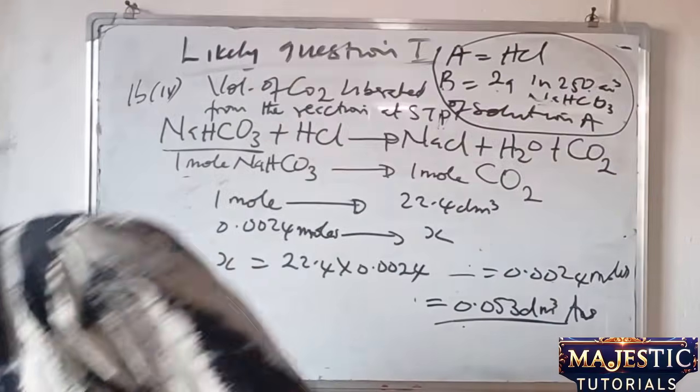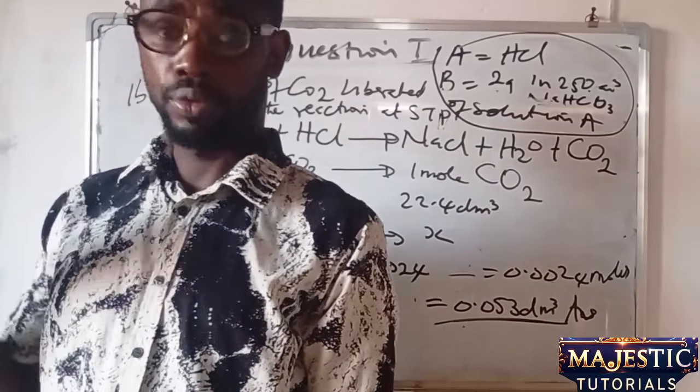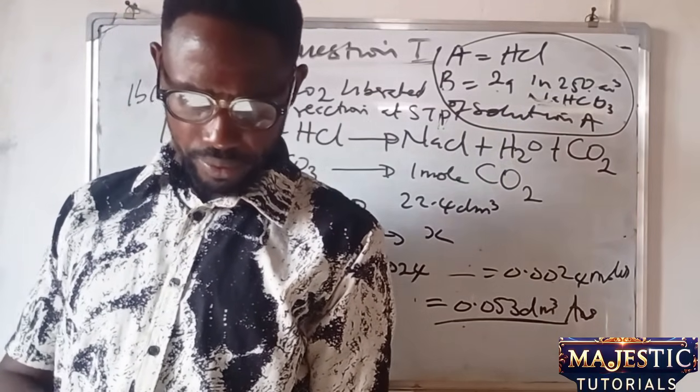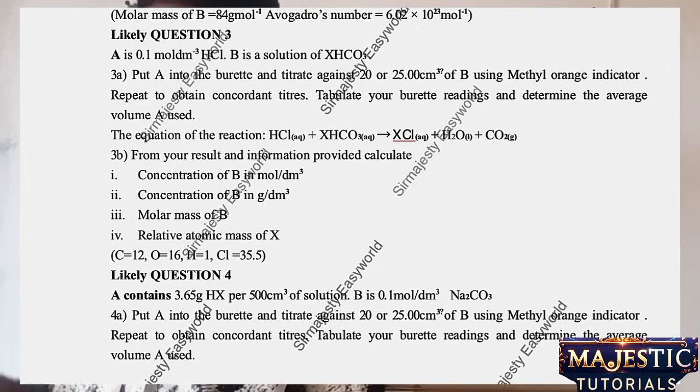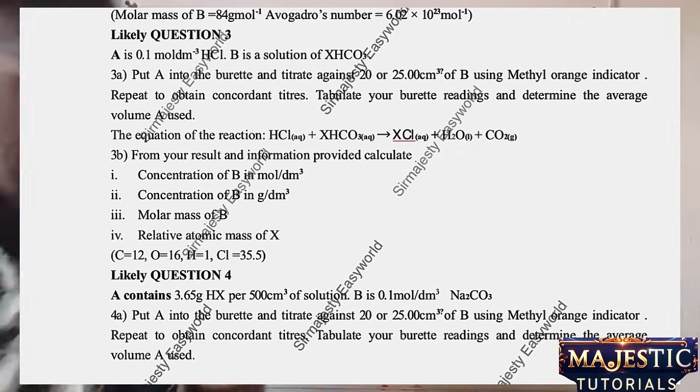Okay, so we go now to the likely question 2. I will leave that 2 for the live stream, you try to join. I'm going to the likely question 3 now, which is they gave us the whole grammar. This time around we are going to change. Remember, your job is to note the information given to you about the A and B. So we go to the next question.